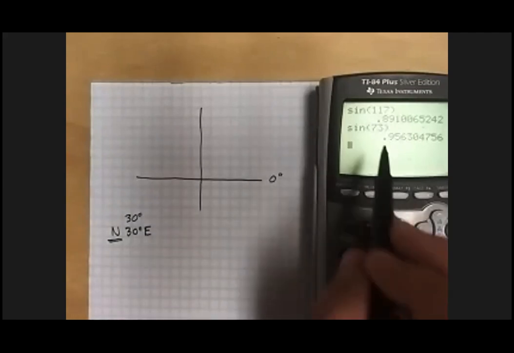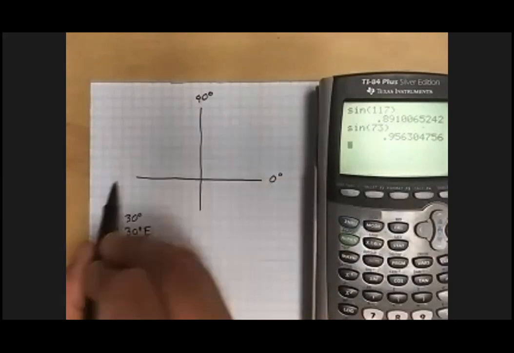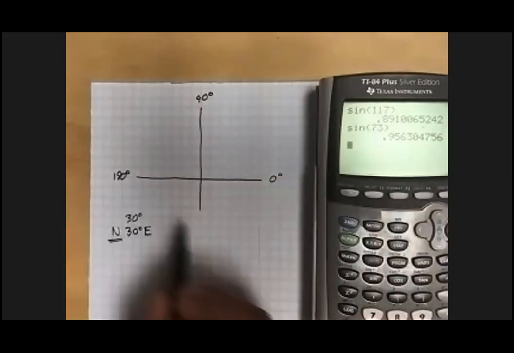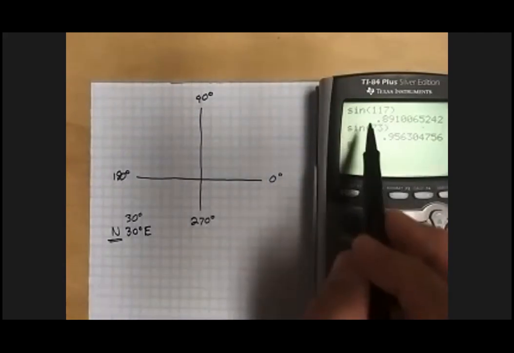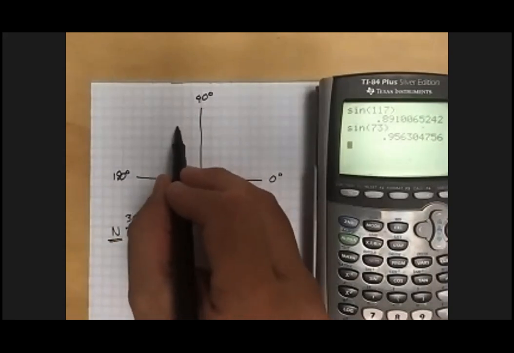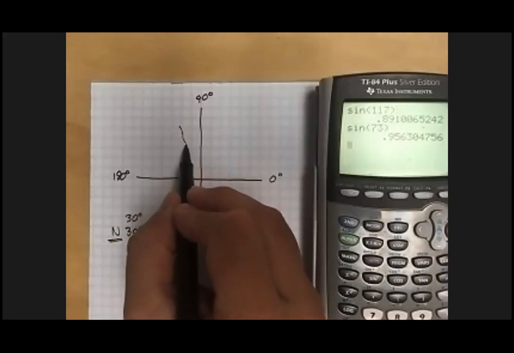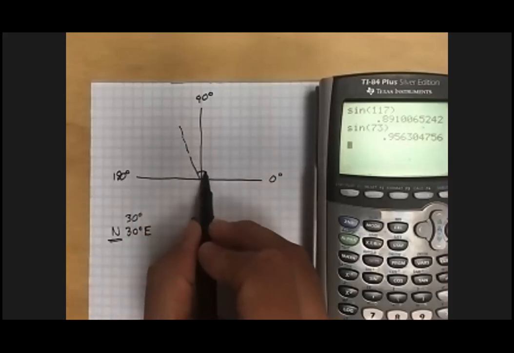Anyway, this angle 117, what do we got? 0 degrees, 90 degrees, 180 degrees, 270 degrees. 117 degrees, that's 27 degrees past 90. It's this angle right here.